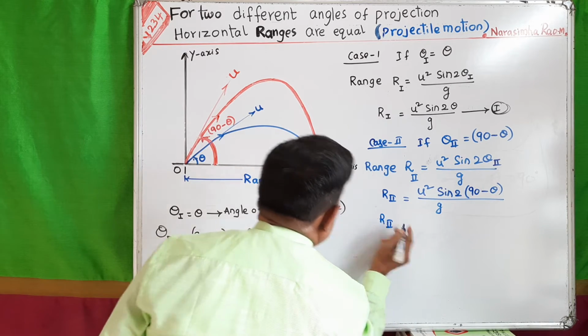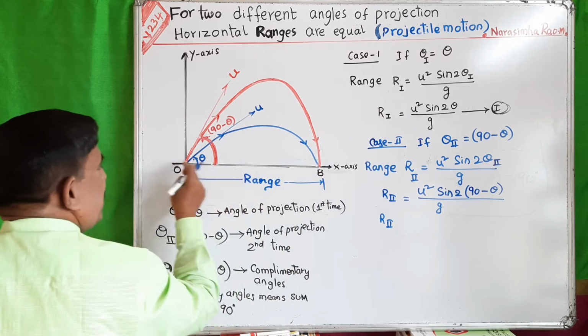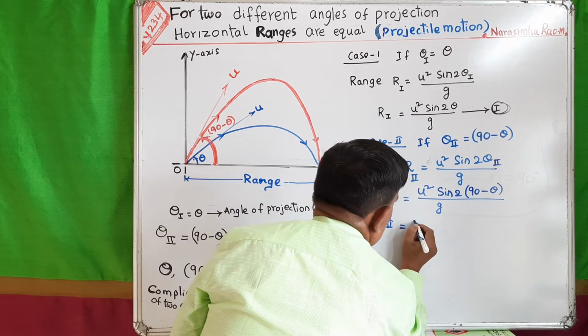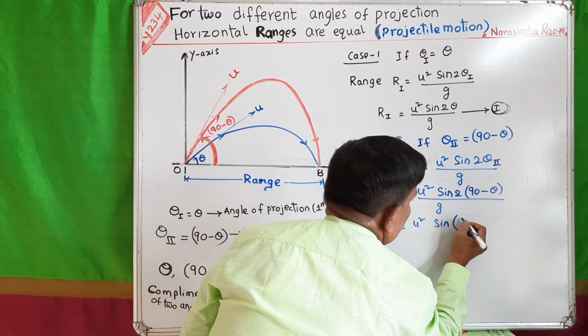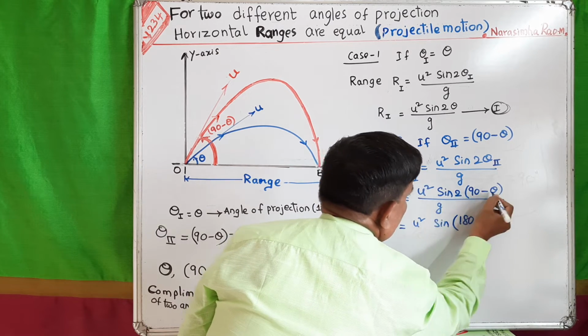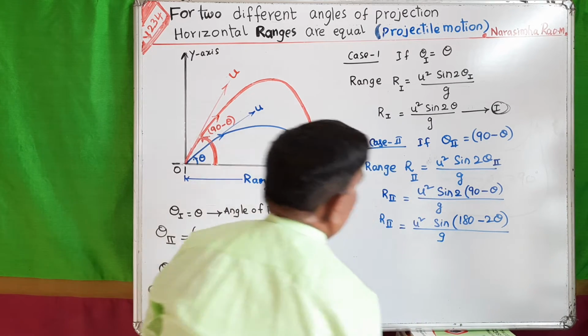R2, the second time range, is equal to u square sine 2 into 90 minus theta, that is sine of 180 minus 2 theta, by g.